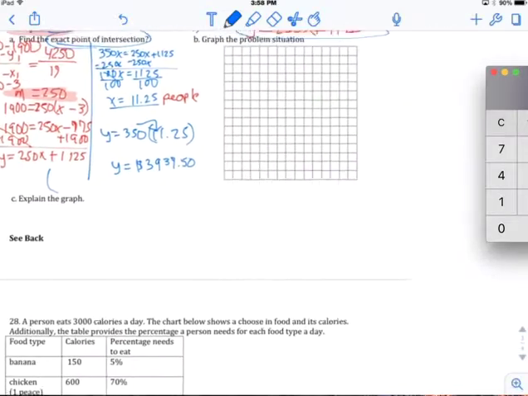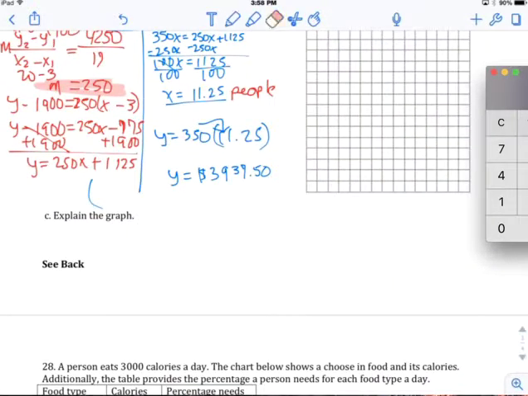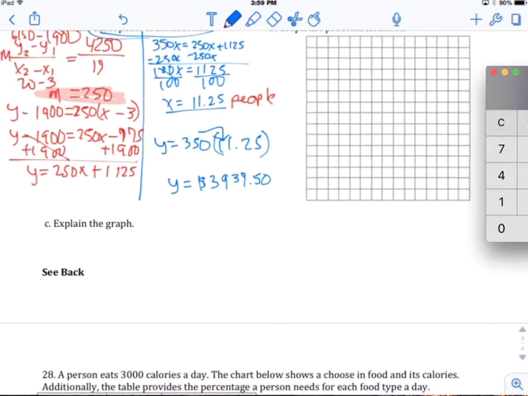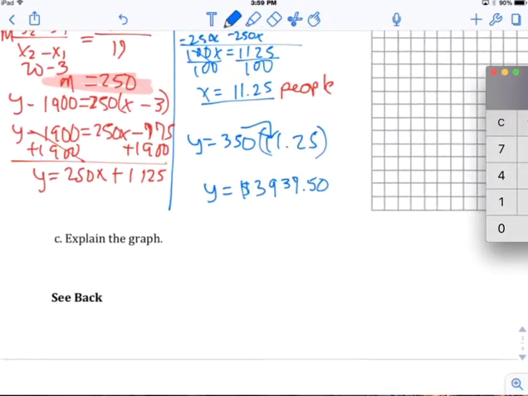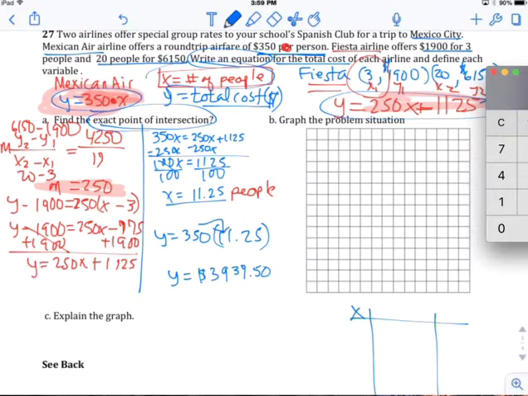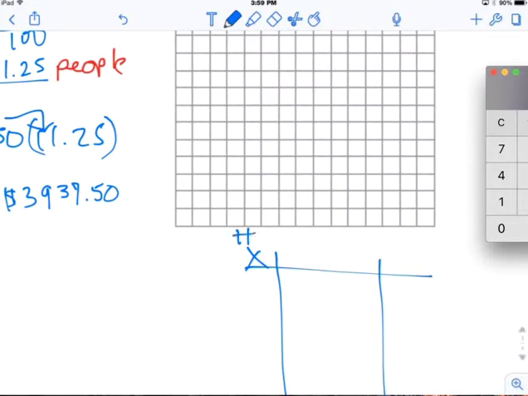Okay, we're gonna graph this. Okay, let's graph. This is what I'm looking for when you graph, okay? You're gonna make a table. This is X, which represents the number of people. Number of people.